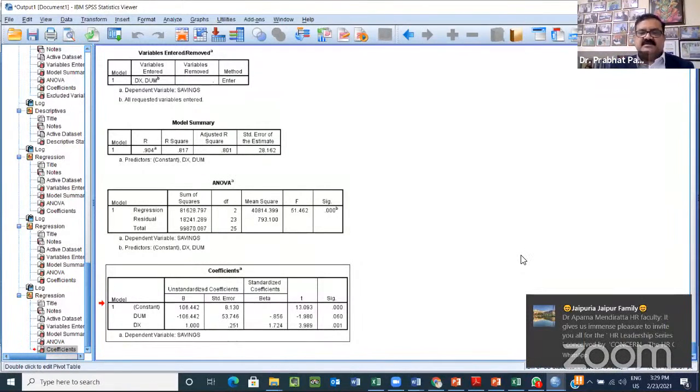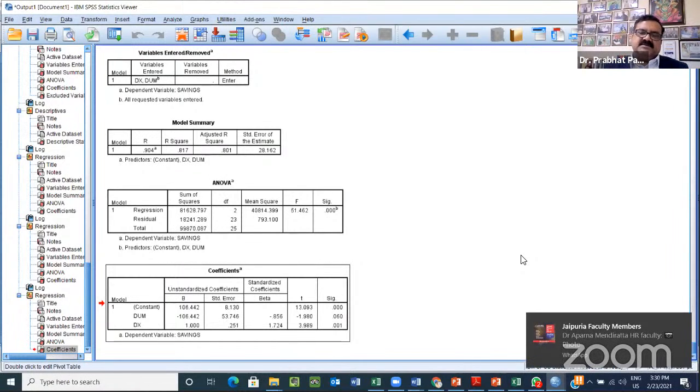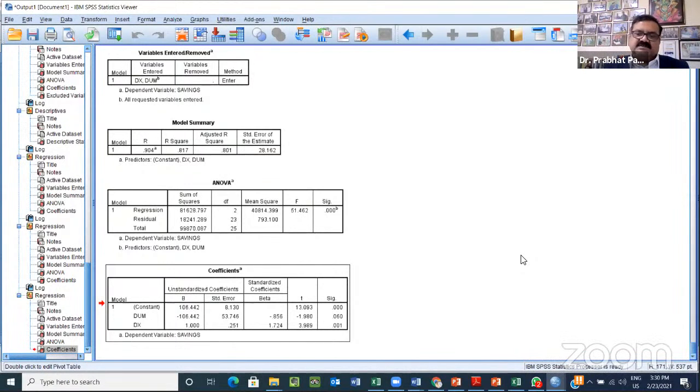We have already seen. And depending upon the scenario that is emerging, we have the interpretation. So the dummy is actually representing the differential intercept, and the interactive beta is representing the differential slope.